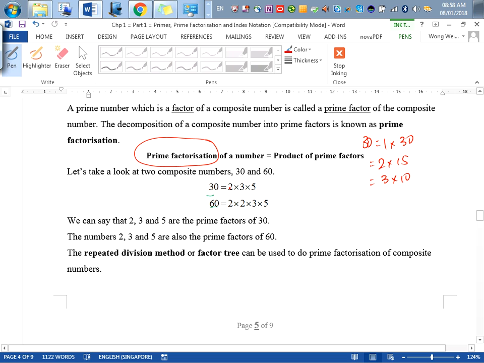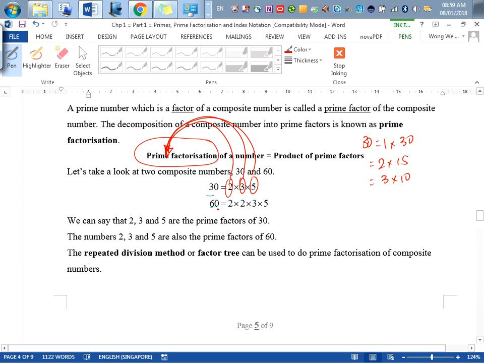So, next thing, is 2 a prime number? Yes. What about 3? What about 5? 5 is a prime number. Okay, so all these are prime numbers. So I express 30 as a product of all prime numbers.